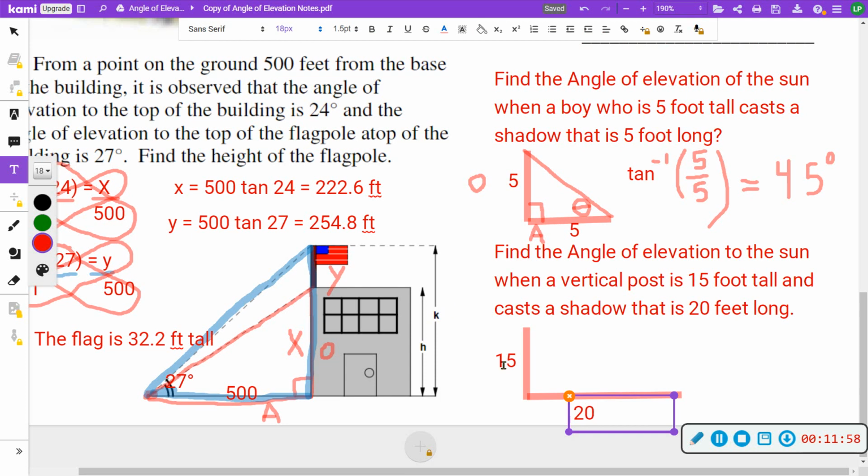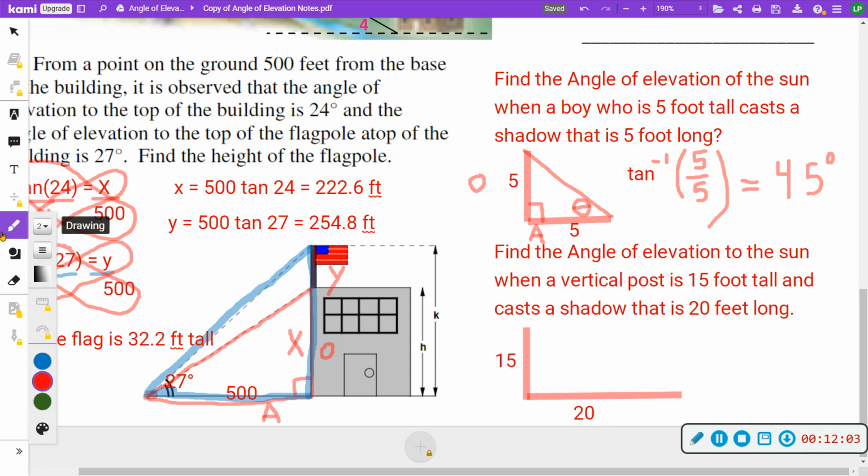And you know, the shadow could go this way, of course, but I'm just making the shadow go that way. And we're supposed to find the angle of elevation to the sun. That would be this angle right here. This one's very similar. This is still my O. This is still a right angle because it's a vertical post. We're assuming the ground's flat. We got O, we got my A.